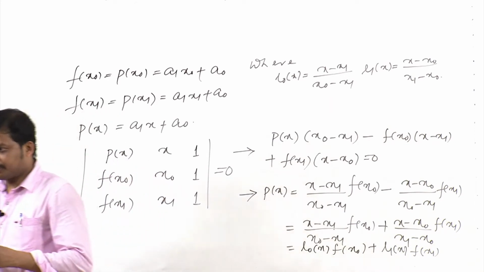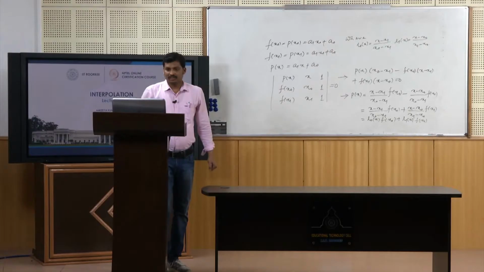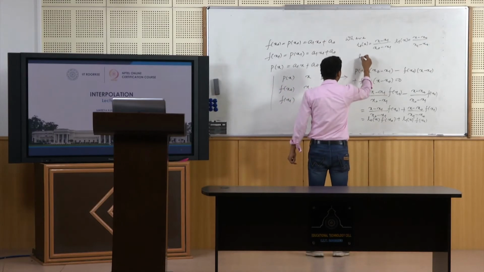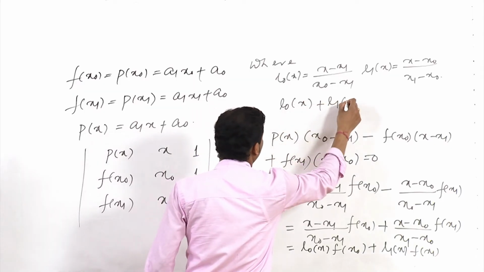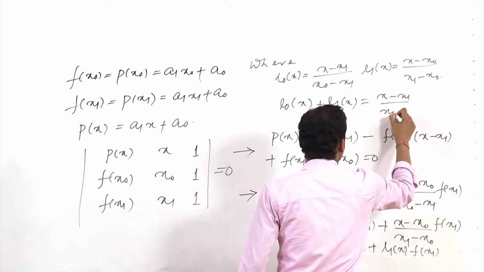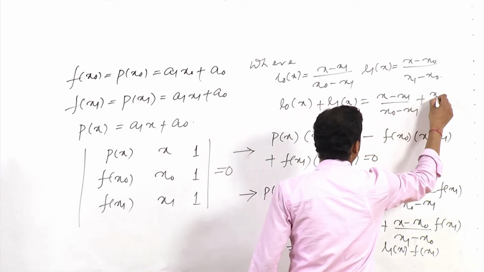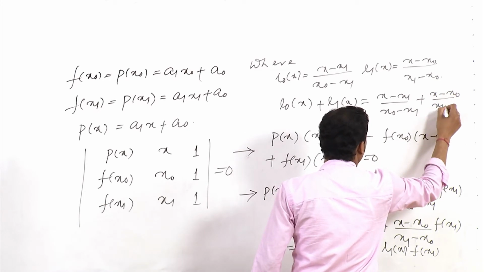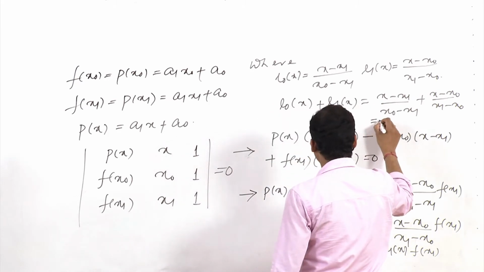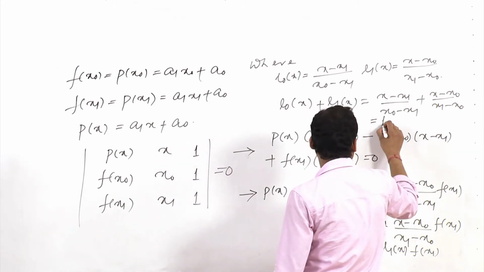These L0x and L1x are called Lagrange's fundamental polynomials, which satisfy, if you add both these terms, L0x plus L1x, which can be written as x minus x1 by x0 minus x1 plus x minus x0 by x1 minus x0 here. So this total value gives you 1 here.